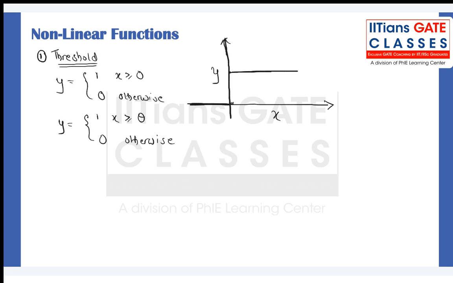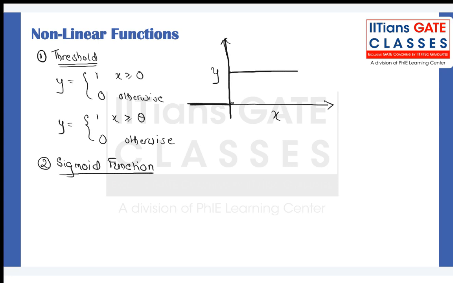So the second non-linear function is something called the sigmoid function. People who have studied logistic regression might know this function. This function ensures that your output is always between 0 and 1. Whatever your input x, your output is always between 0 and 1.